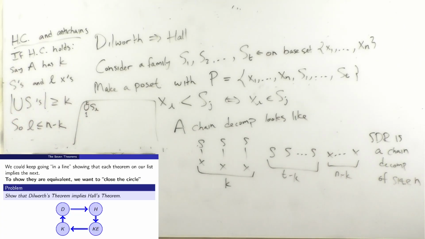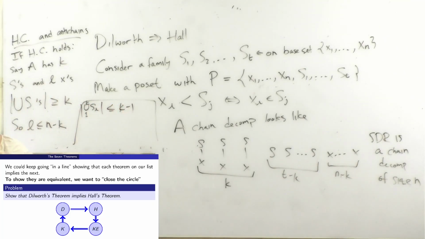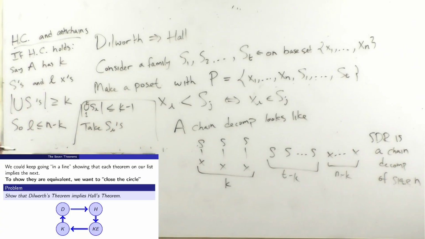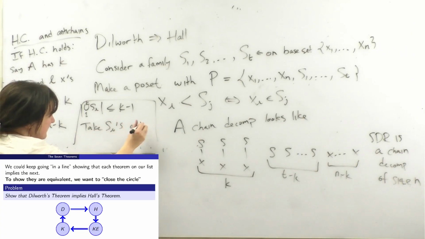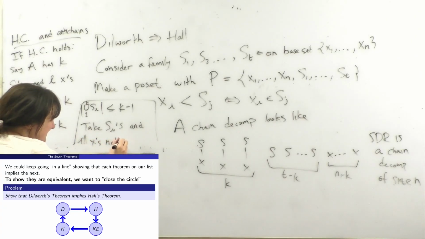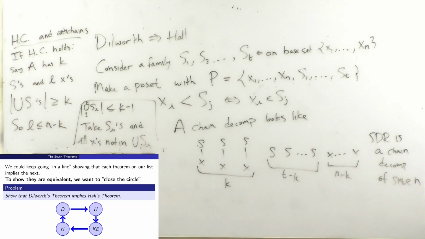If I have k sets S, say 1 through k, and their union has size smaller than k, then I take these Si sets and everything from the x's that's not in that union.